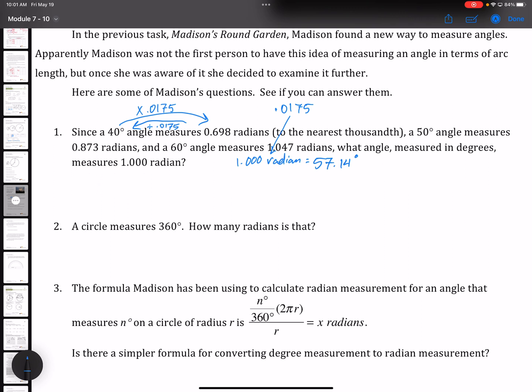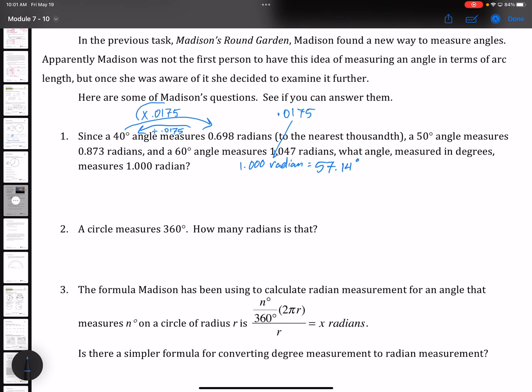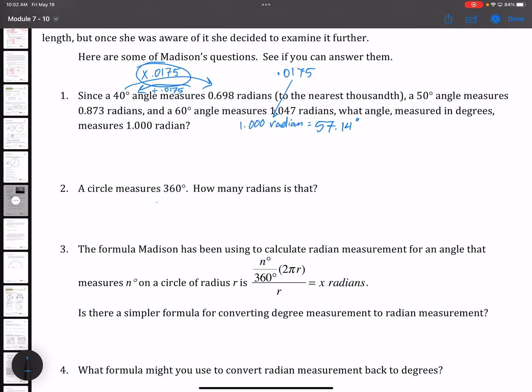Okay, but now, how about a circle, since it measures 360 degrees? We saw up here that to go from degrees to radians, we could multiply by 0.0175. So 360 times 0.0175 is?